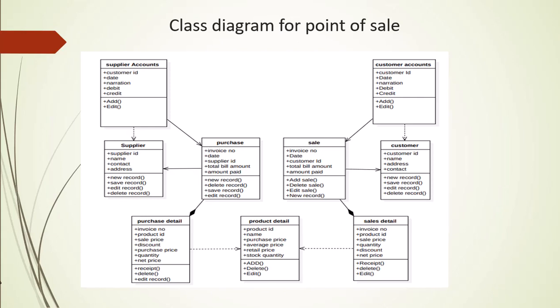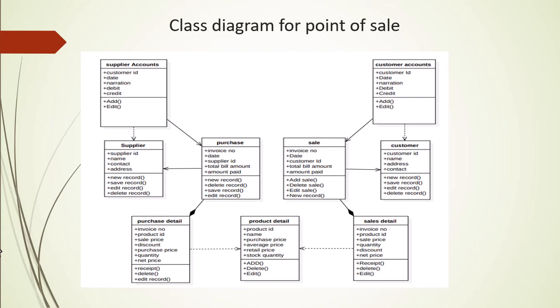a directed association. There is a difference between these two notations, directed association and dependency. Dependency means that purchase detail cannot proceed without the product, so it is strongly dependent. So this is the strong dependency relation, and this is the directed association, meaning supplier and purchase class are in association, but the purchase class can be designed without the supplier.